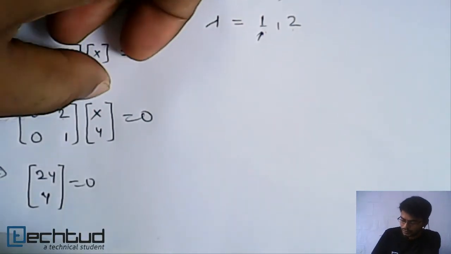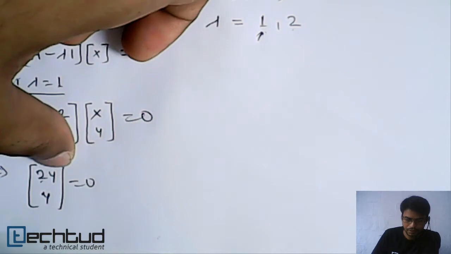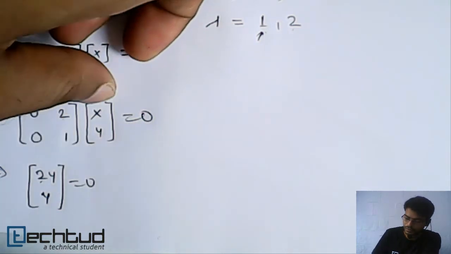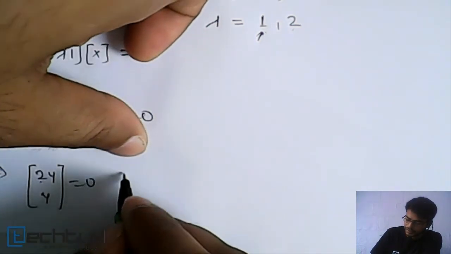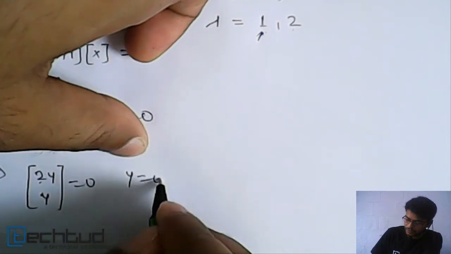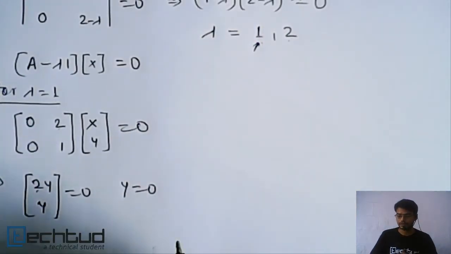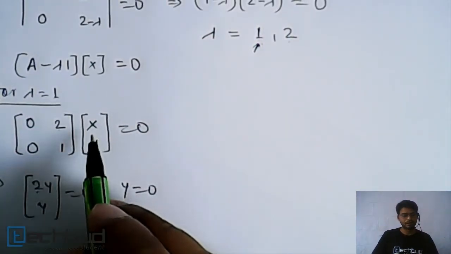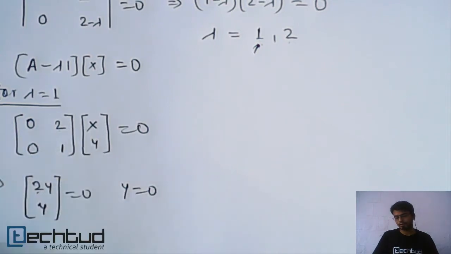So this is equal to 0, and individually each should be equal to 0. It means that y is equal to 0, and x can have any value.